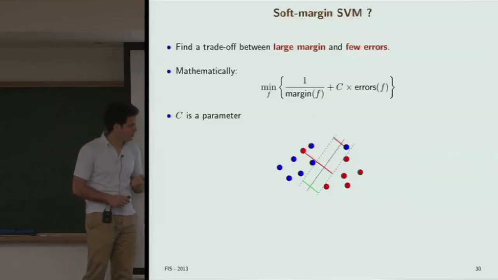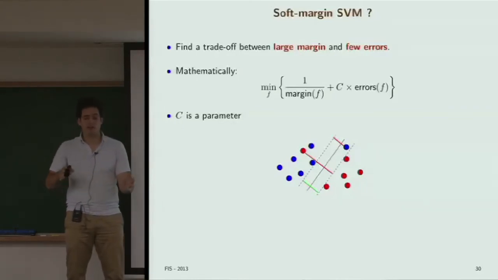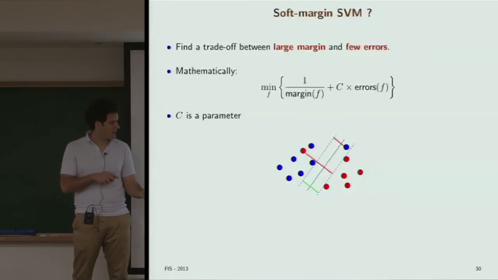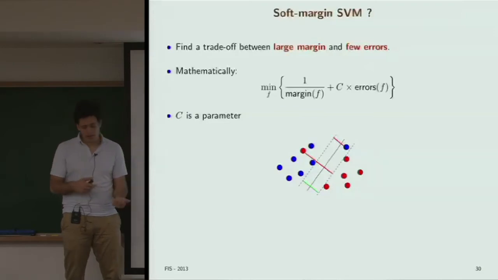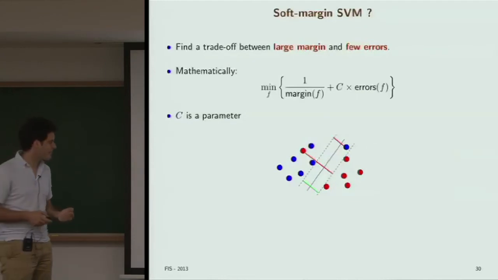So it's easy to see that if you have a hyperplane and you allow yourself to grow the margin as much as possible, you will start making a lot of mistakes. So in that case, by putting side by side a term which depends on the margin and a term which depends on the errors, you hope to strike a good balance between both. And that's the idea of the so-called soft margin SVM.